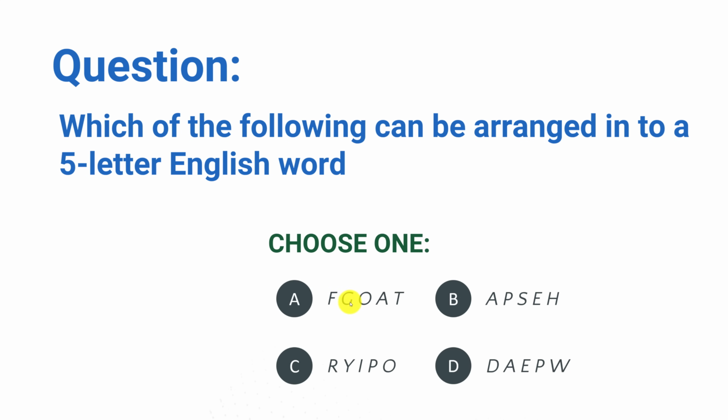A couple suggestions here. You see choice A has inside of these letters the English word goat. So typically it's the wrong choice because you wouldn't be able to easily rearrange this word into something else. Typically, and again it's only typically, you would want to start with the letter somewhere in the middle. And the right choice here is choice B, and it's the word shape.